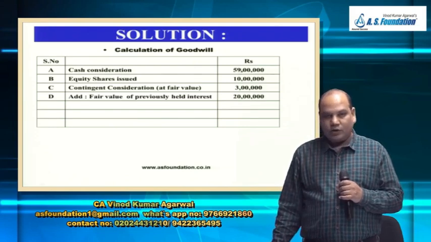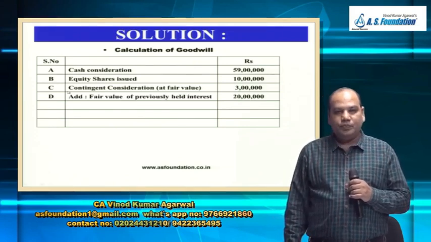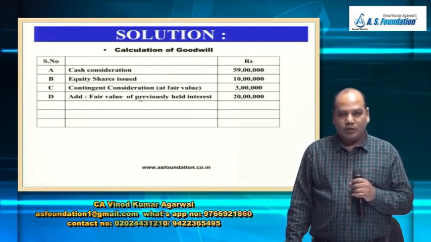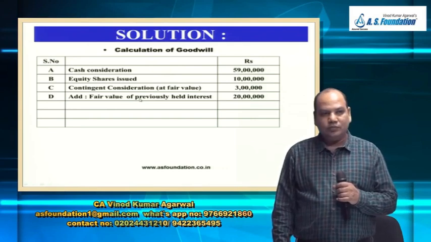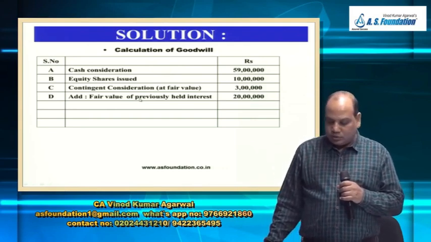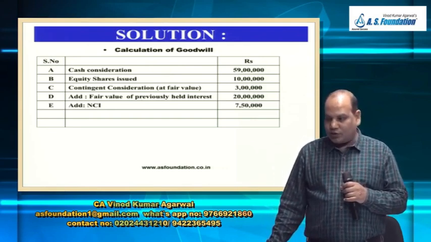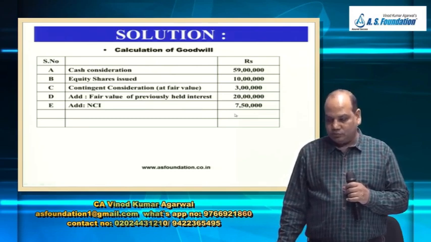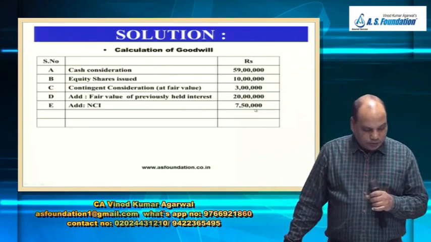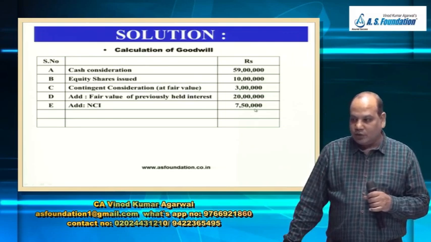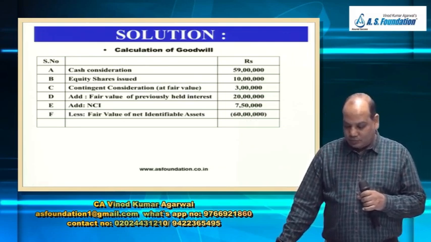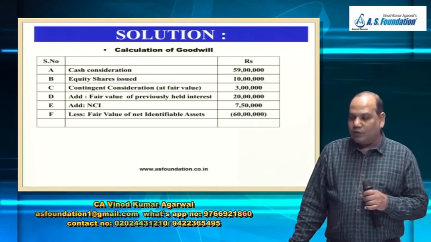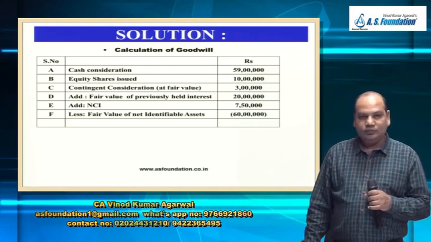Add fair value of previously held equity interest. How much? 20 lakh. Add NCI at fair value. Given, 7,50,000. Less fair value of identifiable asset.